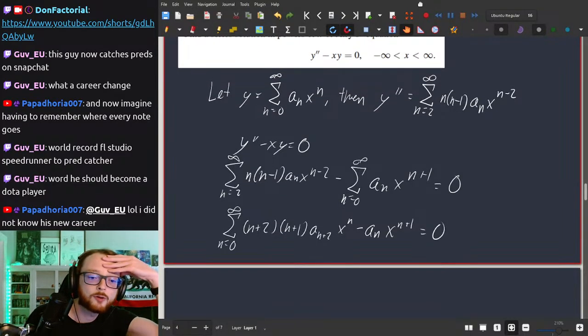Now how does this work? We need to get a recurrence relation out of this. The thing is, we want to get rid of the x's that are being multiplied, because that's cramping our style. You know what?